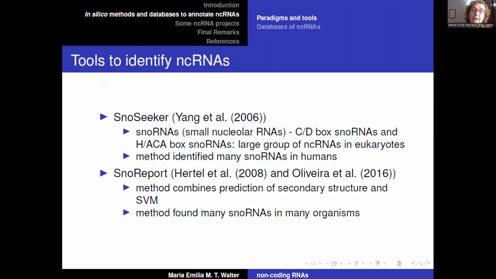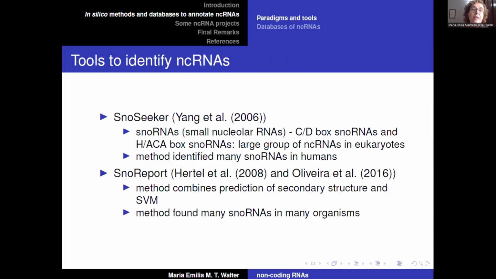To identify non-coding RNAs, we have some tools, and I mention here two that identify snoRNAs. This is why I mentioned microRNAs and snoRNAs. The first one is SnoSeeker, which scans genomes to track snoRNAs in eukaryotes, and SnoReport, which was first proposed by Hertel in Leipzig.